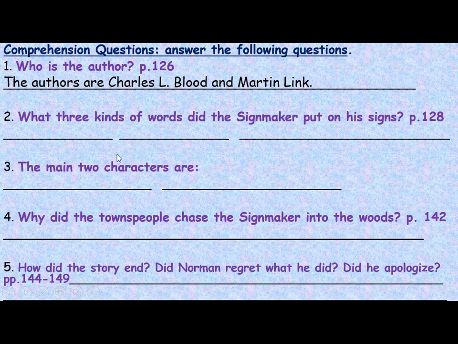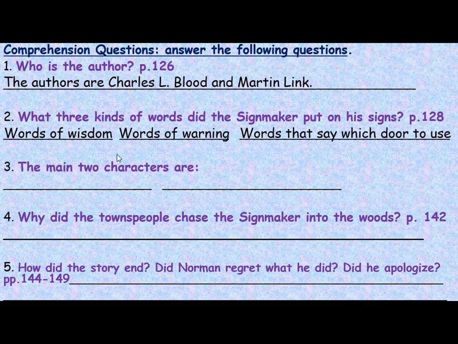Words of wisdom, words of warning, words that say which door to use. So the sign maker used three kinds of words and he put them on his signs: words of wisdom, words of warning, words that say which door to use.